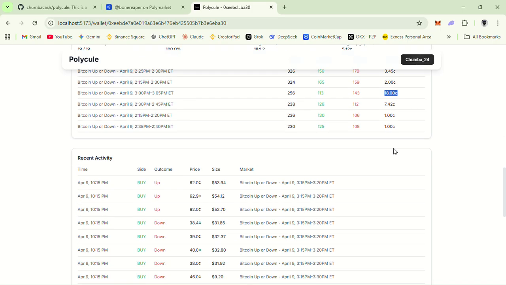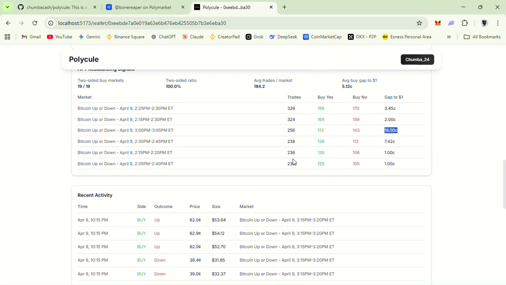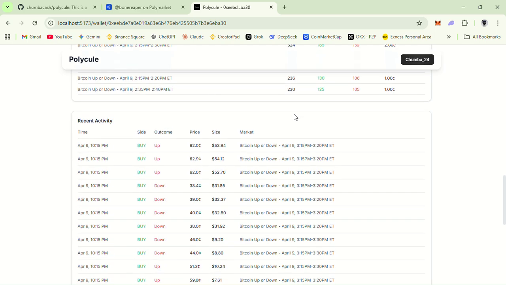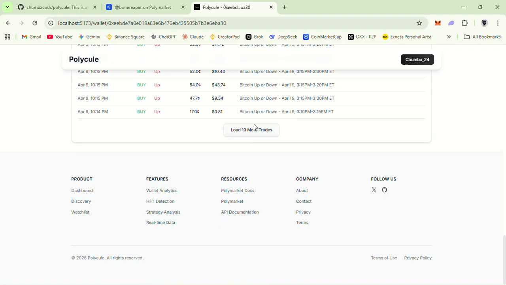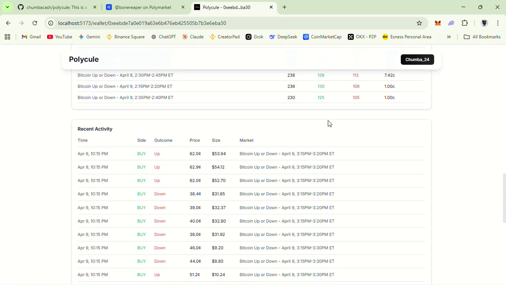Then you can see almost all the markets, this person is trying to balance and do two sides, so it's 100%. Most of the sides are filled, in almost all markets. But what is interesting is the feature you built whereby we can load more trades around that market.